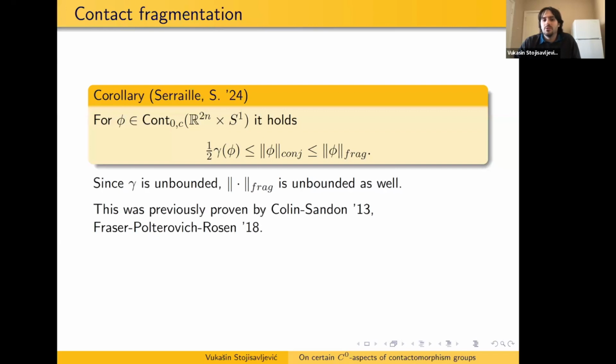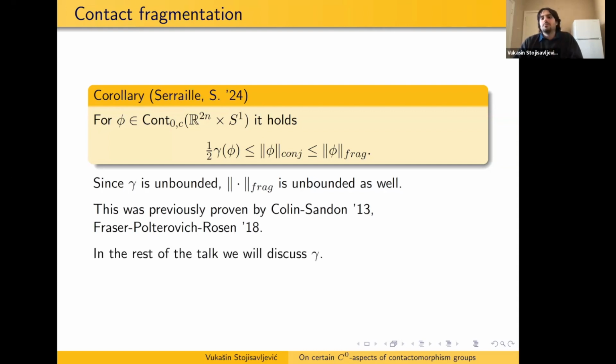And Fraser, Polterovich, and Rosen show that under some assumptions, anything is more or less than fragmentation norm up to constant. And we somehow go through this C0 procedure. So maybe philosophically, our result is similar to Fraser, Rosen, and Polterovich, but in a C0 setup, let's say.